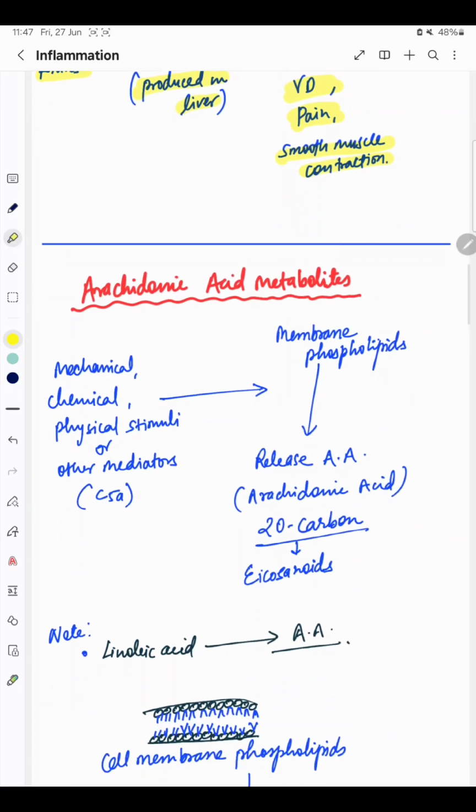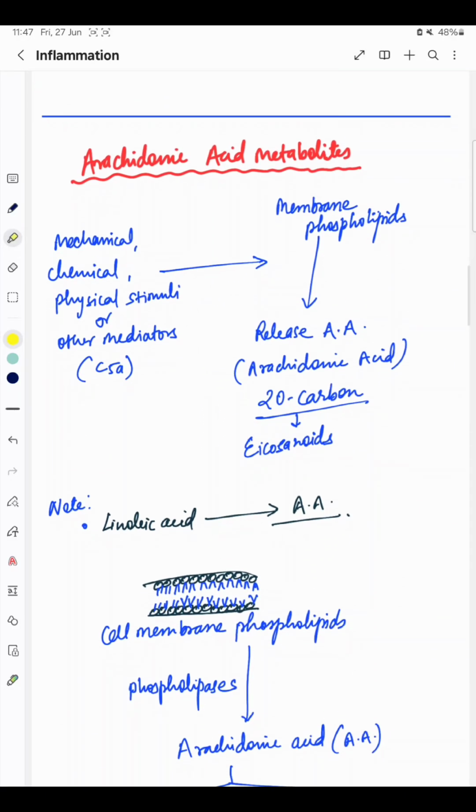Now we will discuss one of the important classes of inflammatory mediators known as arachidonic acid metabolites. Whenever there is mechanical, chemical and physical stimuli, or other mediators like C5a or complement, they are responsible for the production of arachidonic acid from the membrane phospholipid.